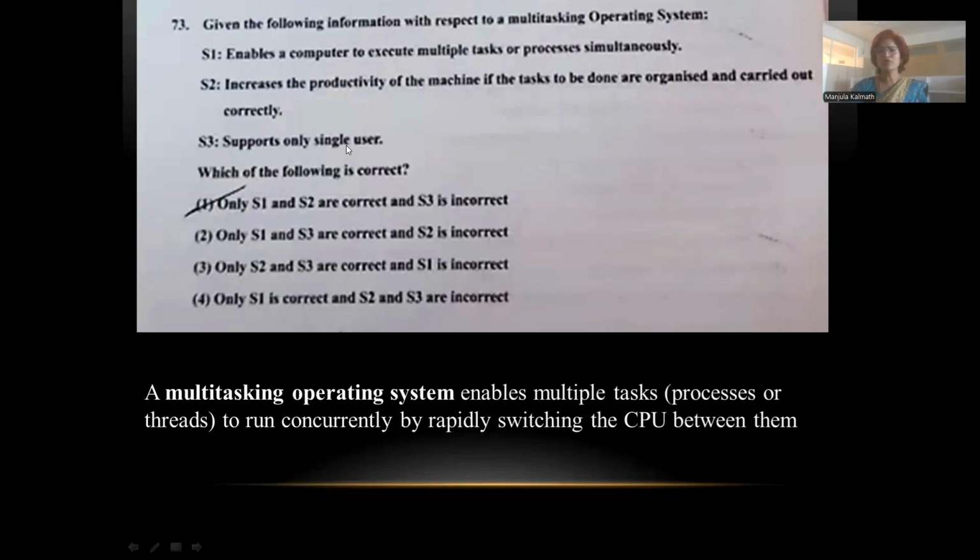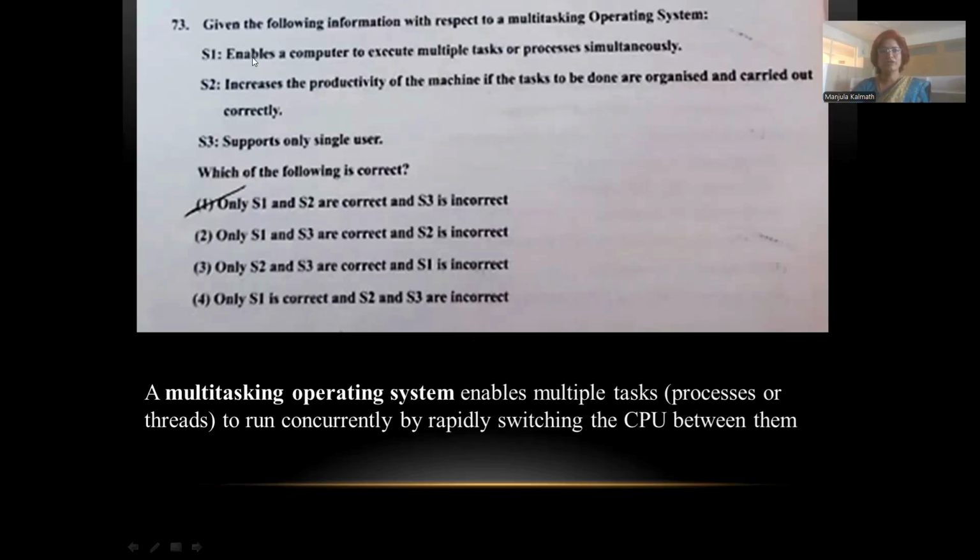Here also we can go for the elimination method. The last one, S3, supports only a single user. Multitasking will always support multi-user, not only a single user. Supporting multi-user means it will even support a single user also. Then the third option is nowhere related to this concept, multitasking, so we have to eliminate this one.